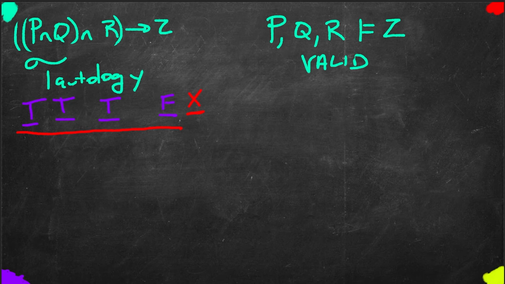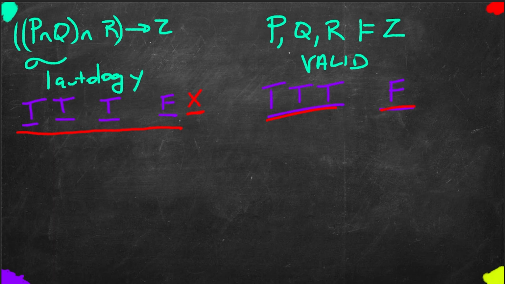Now, we would say that an argument like this is valid just in the case where all the premises are true and the conclusion cannot be false. In other words, where this scenario does not occur, where it's impossible for the premises to be true and the conclusion false.